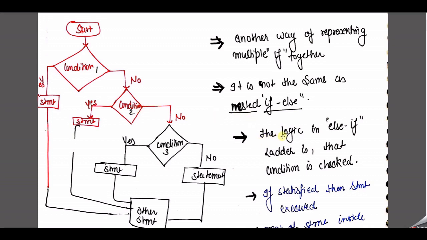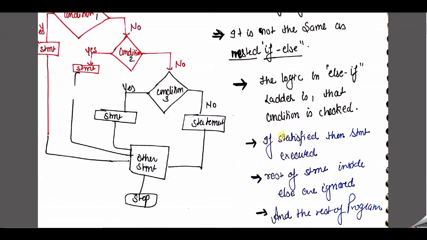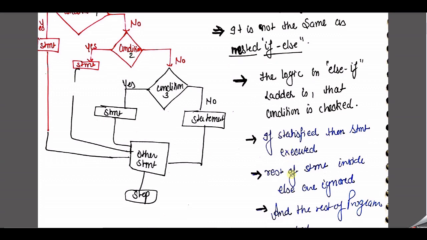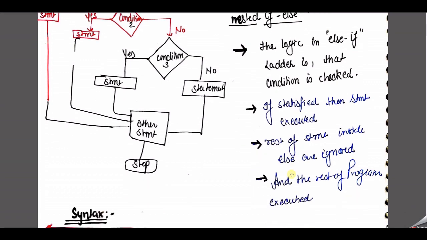The logic in this else if ladder is that the condition is checked again and again, and if it is satisfied, then the statement is executed. If the given condition is not satisfied, then the rest of the program is executed, with the help of the else condition.